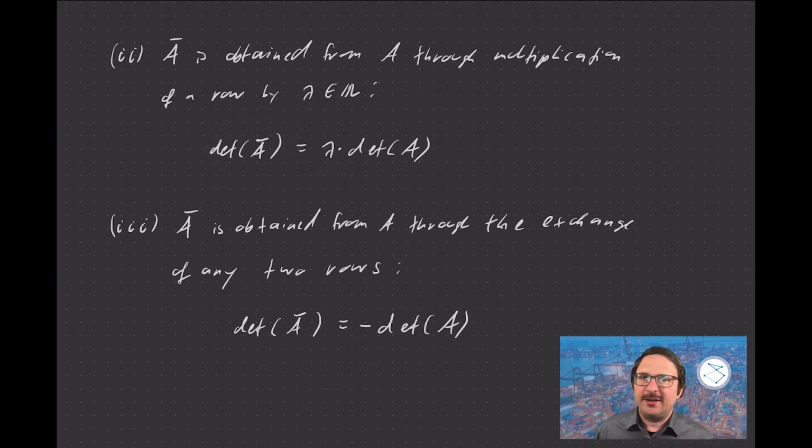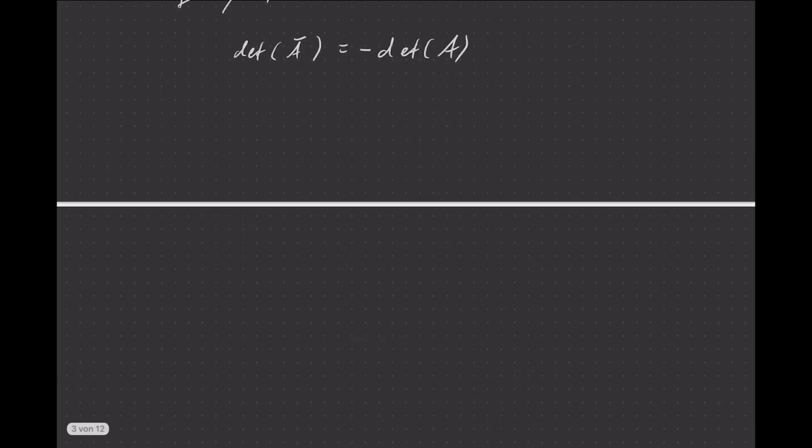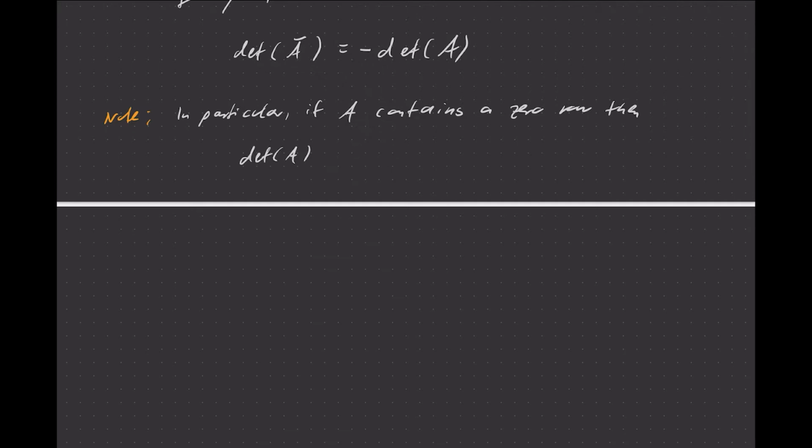And that of course implies that the determinant is already 0. So whenever a matrix contains a 0 row, then its determinant will be 0. And that is actually an important consequence. So just take a quick note of that. In particular, if A contains a 0 row, then the determinant of A must be 0.